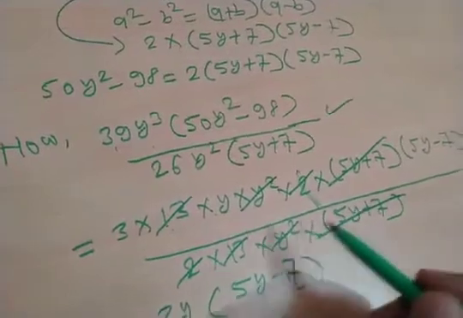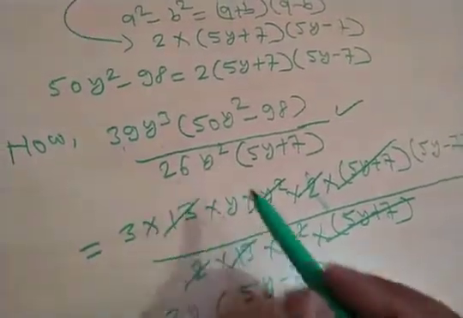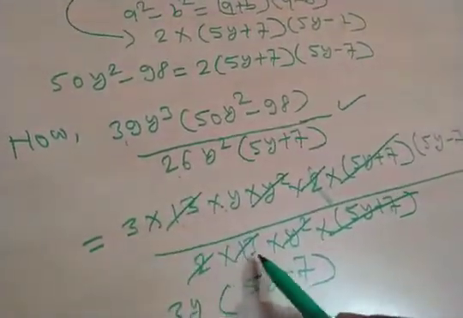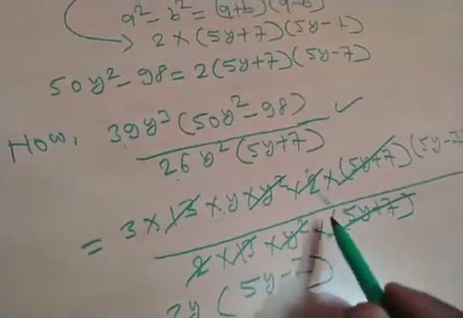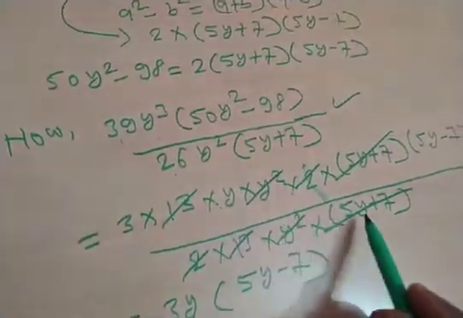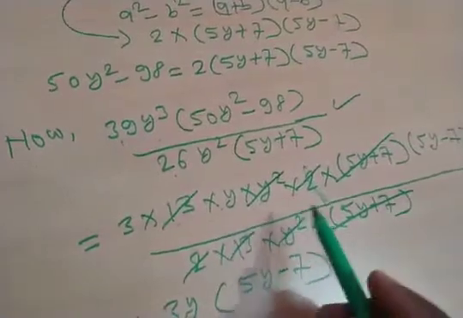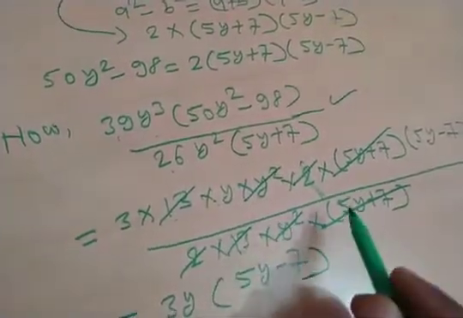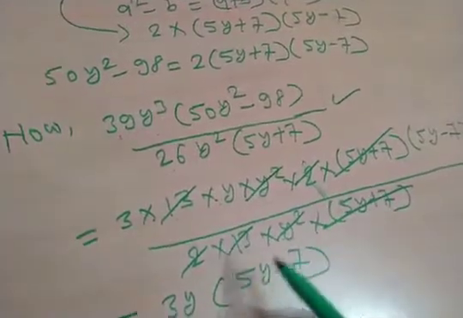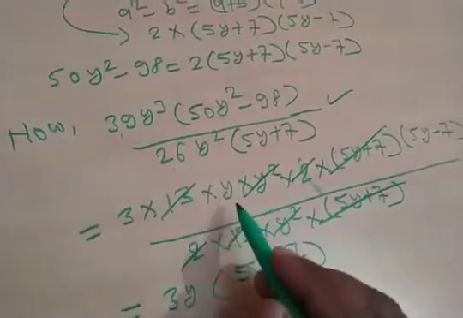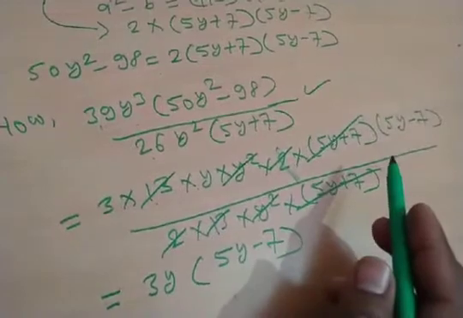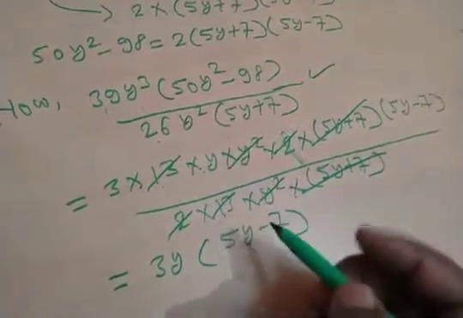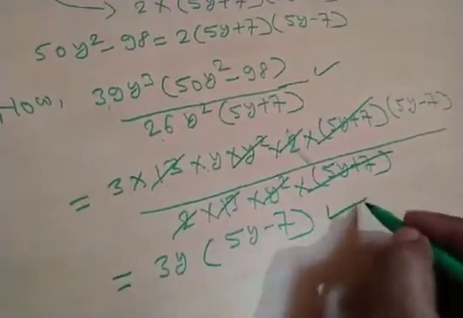So 26 becomes 2 into 13 into y square, and this is 5y plus 7. Okay. So 2 cancelled, 13 cancelled, y square cancelled, and 5y plus 7 also cancelled. So we obtain 3 into y into 5y minus 7. This is clear?